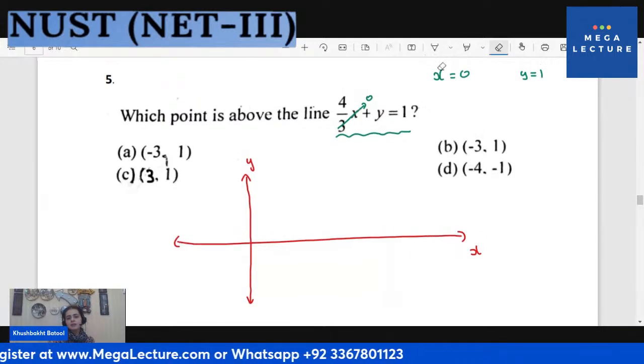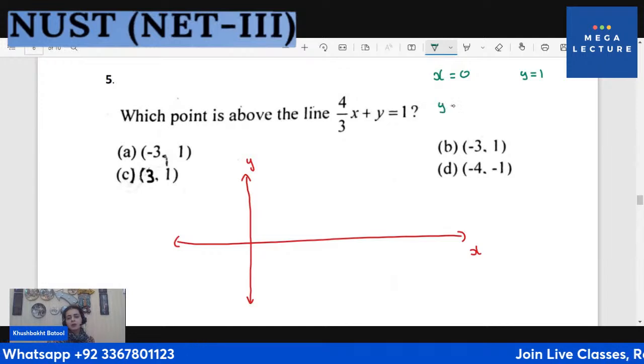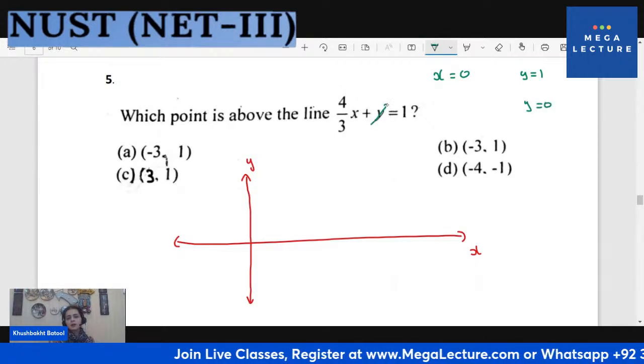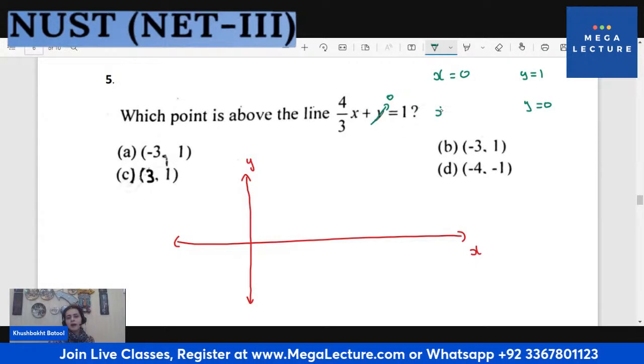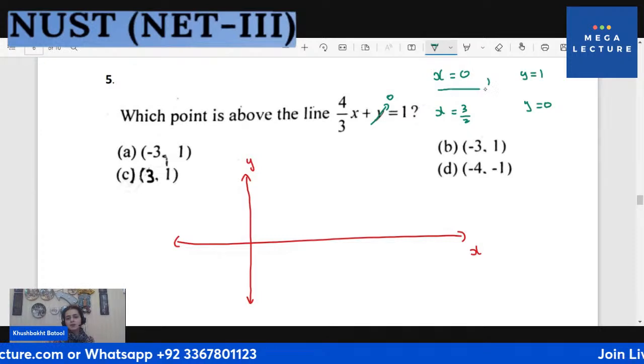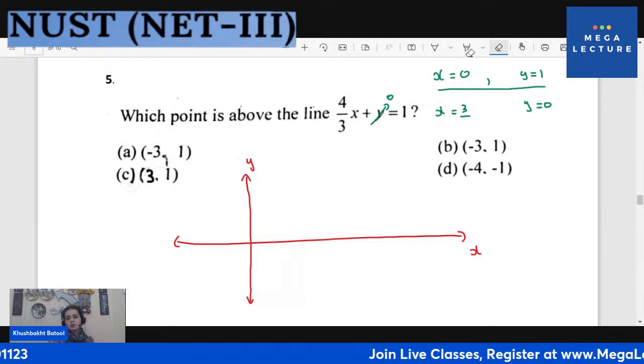And then plug in y equals 0. When you plug in y equals 0, this would become 0 and x is going to be 3 by 4. So this is the first point, this is the second point. I am just going to connect both these points.